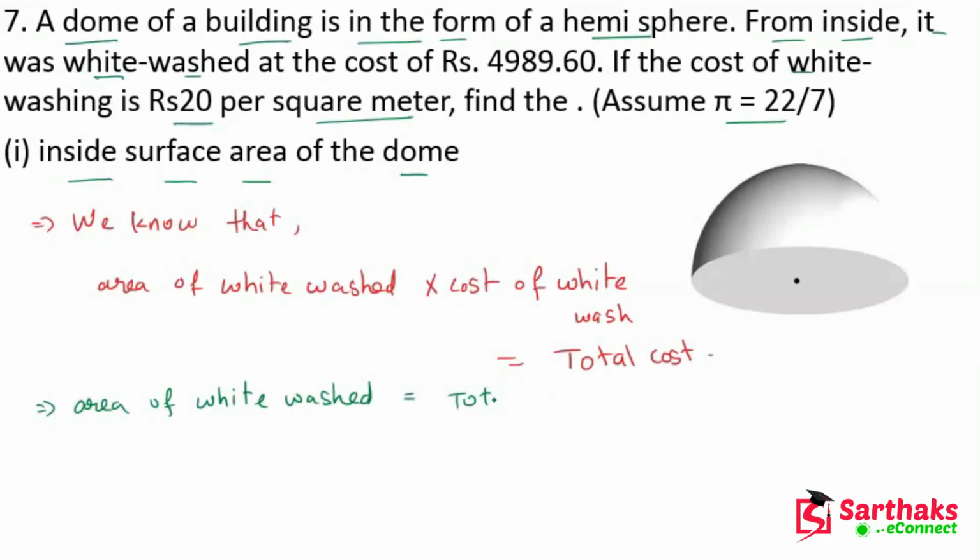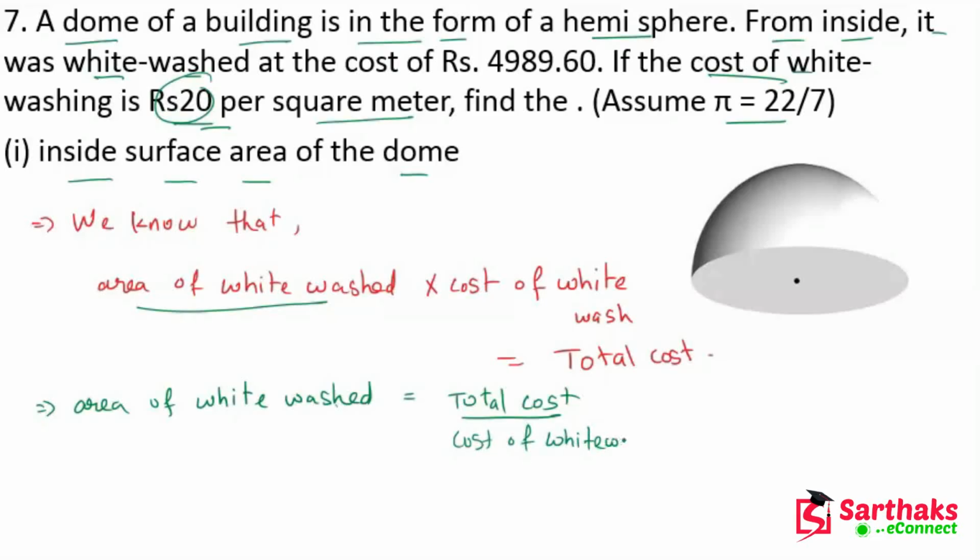Means total cost is equals to area of whitewashed into cost of whitewashed. Got it? So area of whitewashed is total cost divided by cost of whitewash.